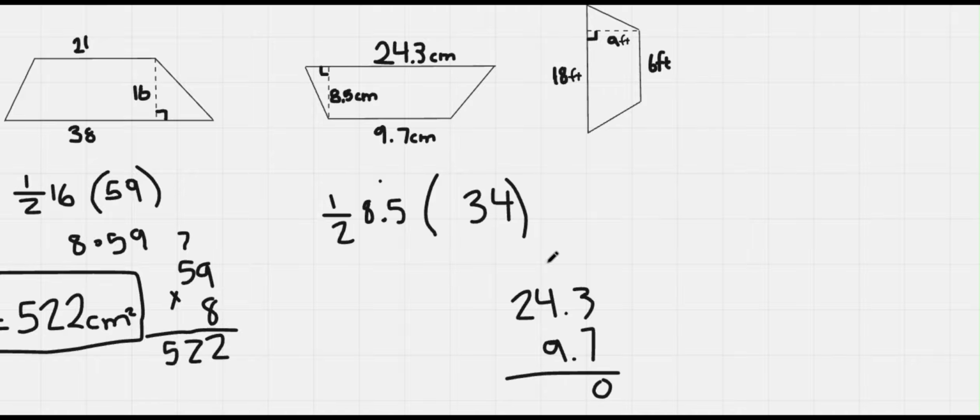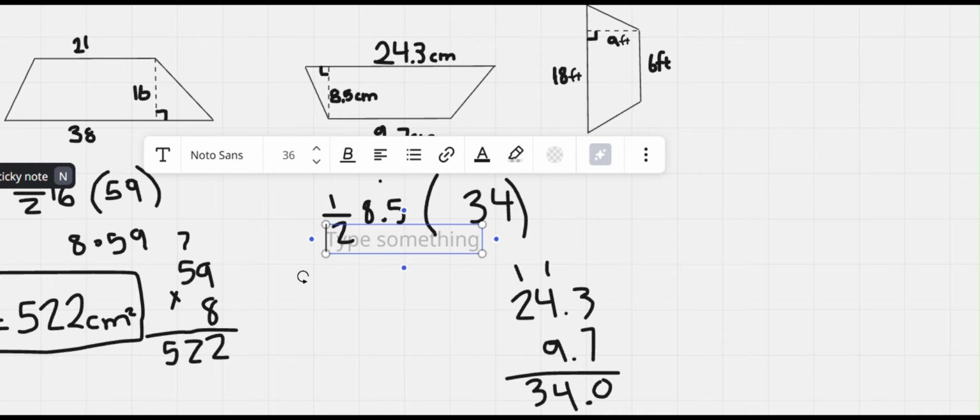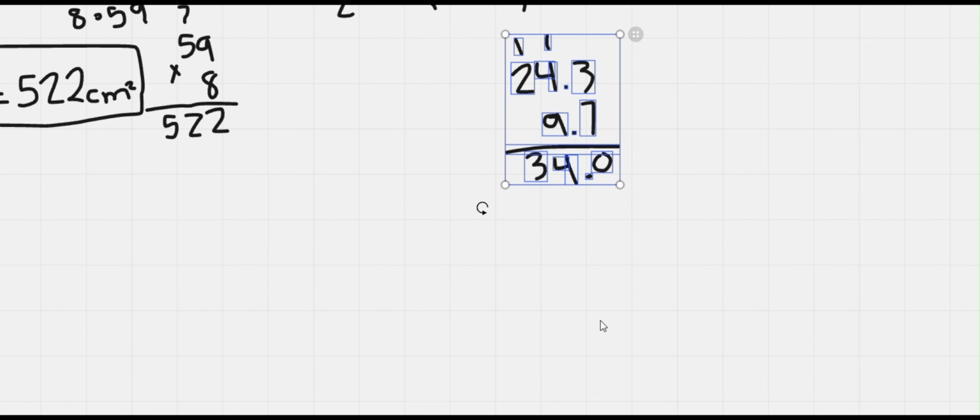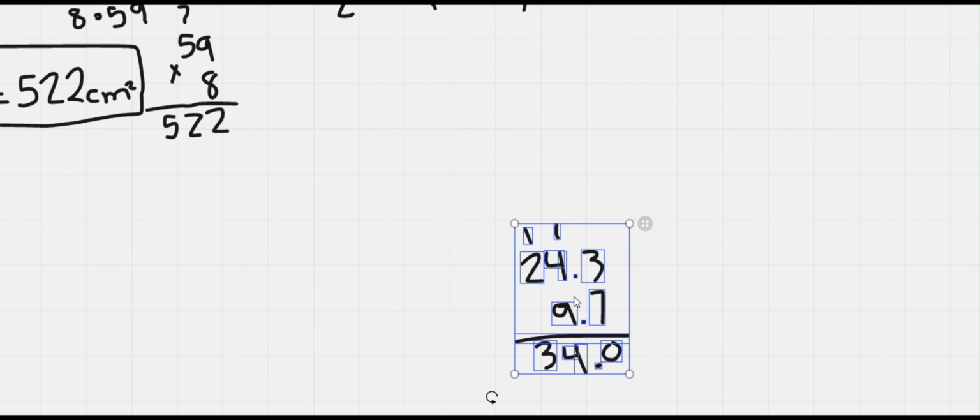Write our 0, carry the 1. 4 plus 1 is 5. 5 plus 9 is 14. Write our 4, carry the 1. And 1 plus 2 is 3. When we bring our decimal down, that's how we got 34. So let's just shift this down.